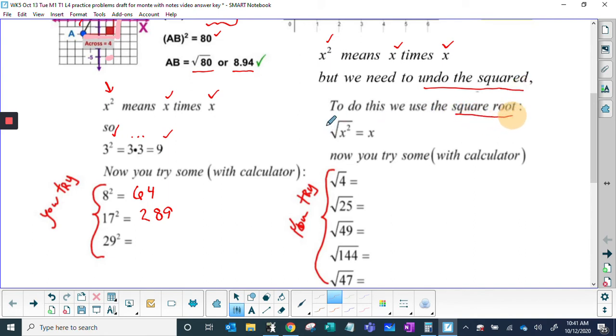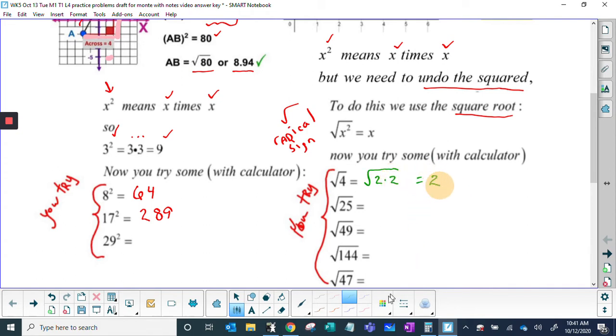This symbol, okay, is called the radical sign. Okay? The radical sign. And we're going to actually undo the squared. So let's try it. Square root of 4. Well, first of all, what number times itself is 4? Turns out the answer is 2.